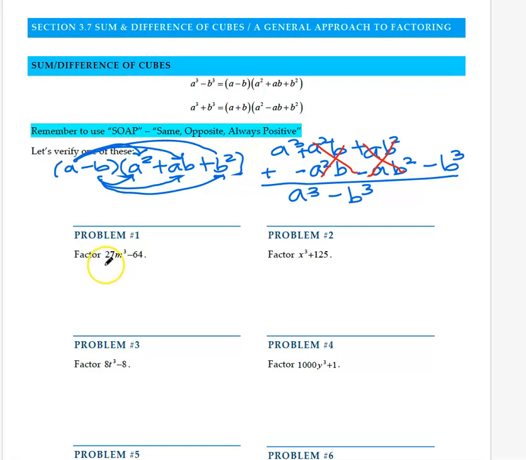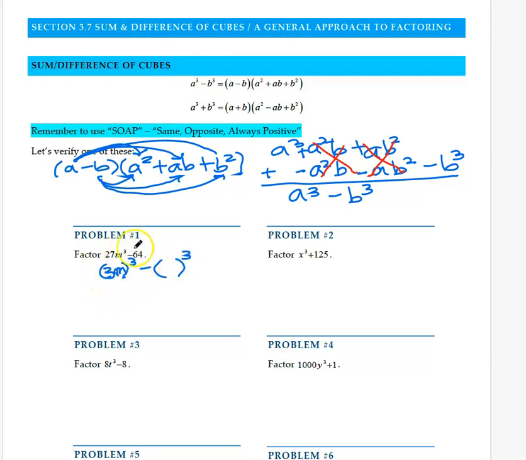So I need to rewrite this and figure out what my a is going to be, because I need to have something cubed minus something cubed. When I'm thinking, what number cubed gives me 27, well, that'll be 3. And what gives me m cubed? That would be just m, right? If I take m and cube it, I get that.